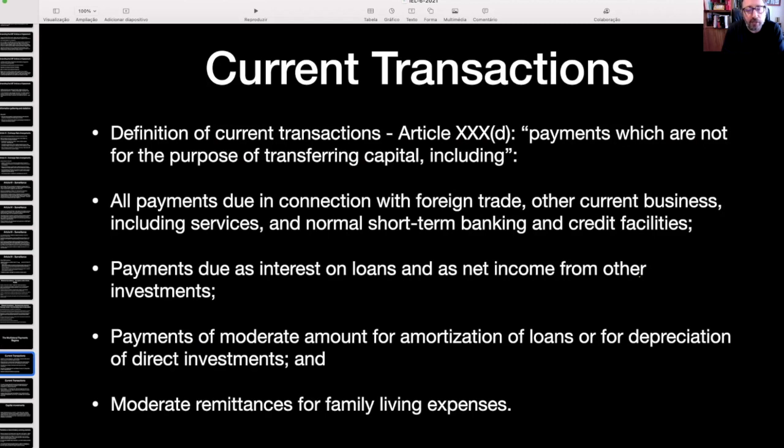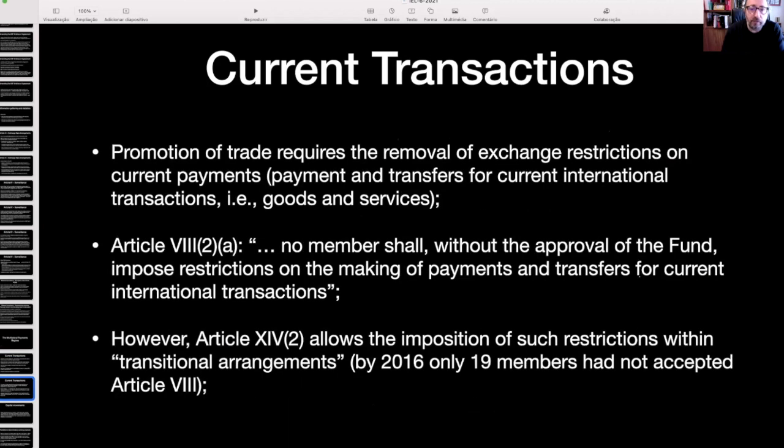A lot of countries that have many immigrants, Portugal was and still is an example of that. A lot of the balance, the current account, really is heavily dependent on these remittances from residents that emigrated to other countries. So these are also covered by the obligation to eliminate any currency restrictions. So current payments are covered by a very liberal regime.